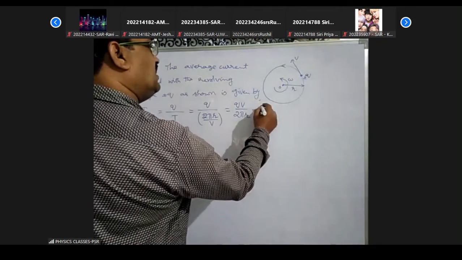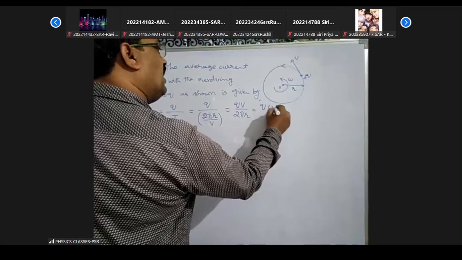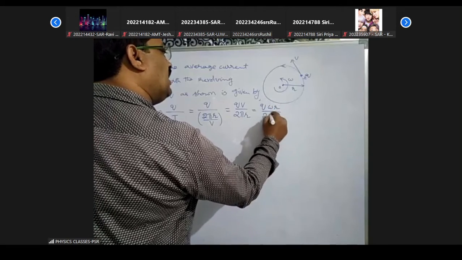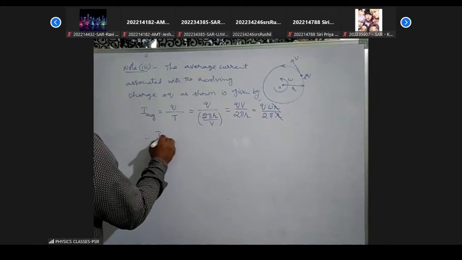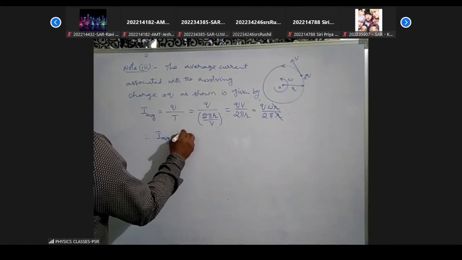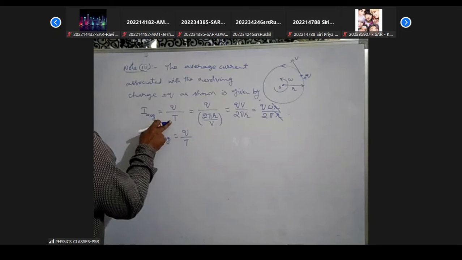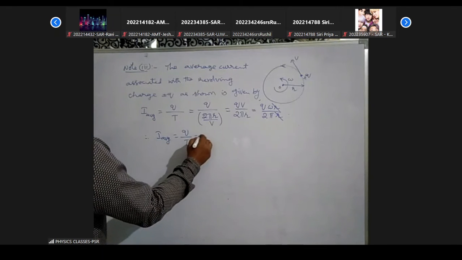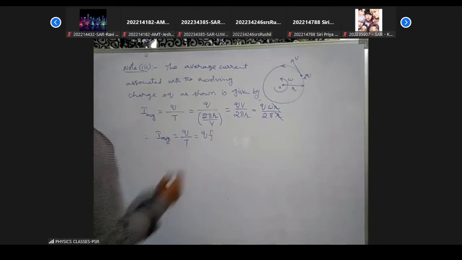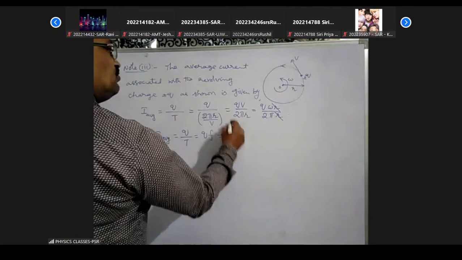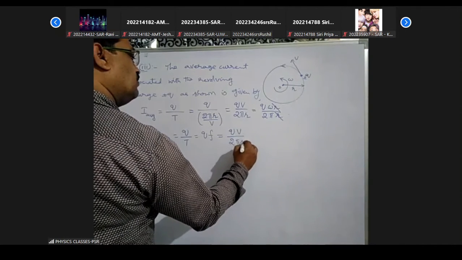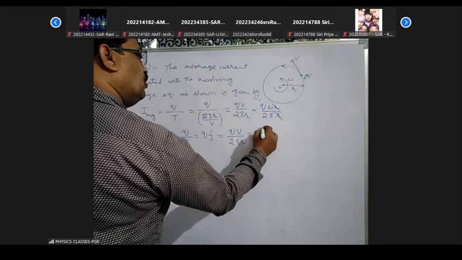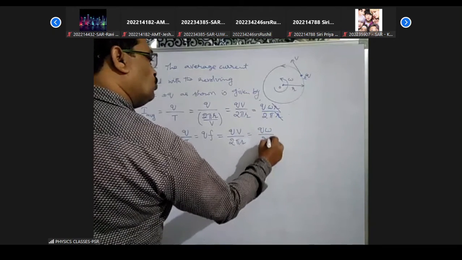That's why we can write Q into omega r by 2 pi r. So r cancels. Therefore I average is equal to Q by T. The reciprocal of time period is known as frequency F, which is equal to QV by 2 pi r, which is equal to Q omega by 2 pi.